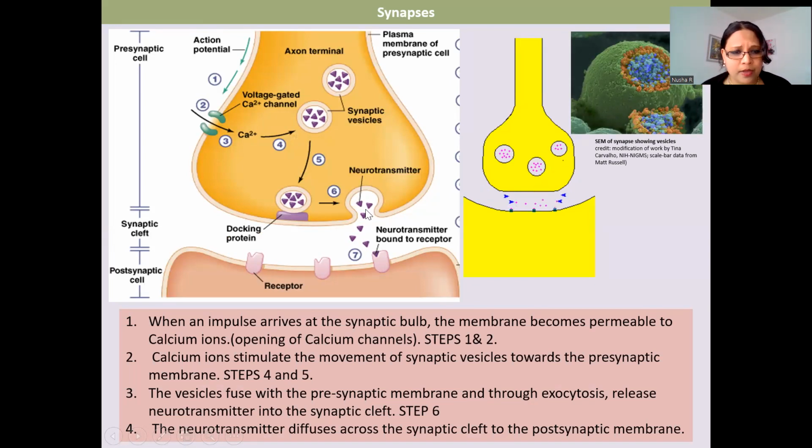So you can see what happens to the neurotransmitter. Once it's released, it diffuses down the cleft and it binds to receptors on the membrane of the postsynaptic neuron.